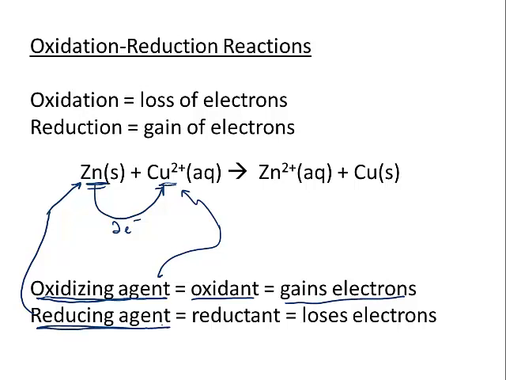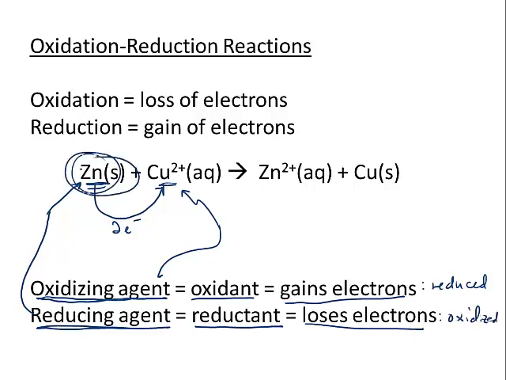The reducing agent is also called the reductant, and it's the thing that loses electrons. The oxidizing agent is itself reduced, and the reducing agent is itself oxidized. So the thing oxidized in this case is zinc, and therefore it is the reducing agent. And the thing reduced is copper 2 plus, and therefore it is the oxidizing agent.